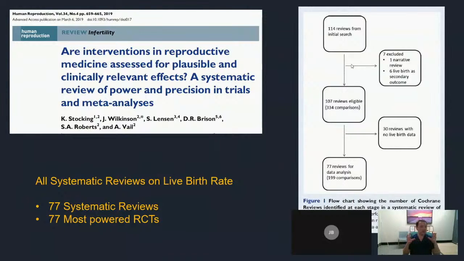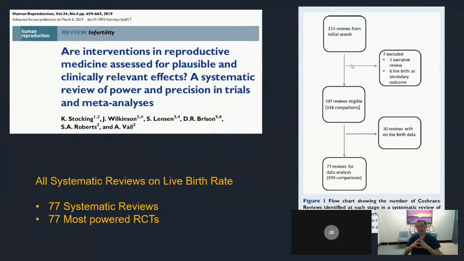All randomized controlled trials, pretty much in the fertility and IVF space, were included in these systematic reviews, and all the systematic reviews were examined by the group in Manchester. So this is pretty much all the randomized controlled trials conducted in IVF until 2018. So with good confidence we can say that.